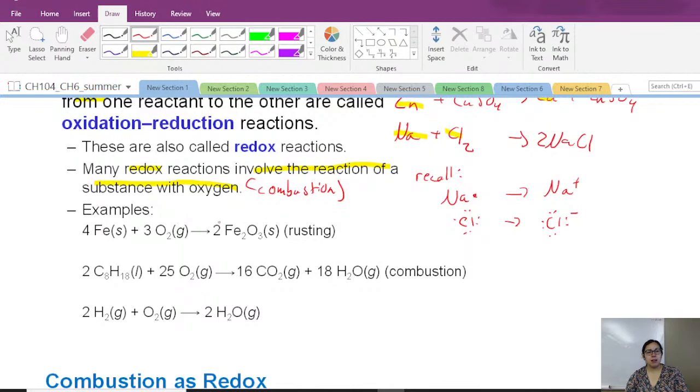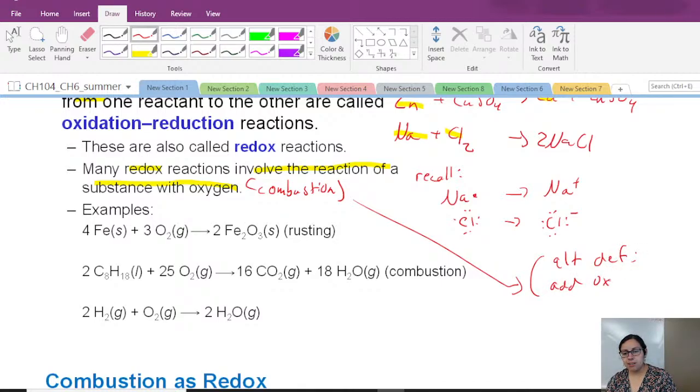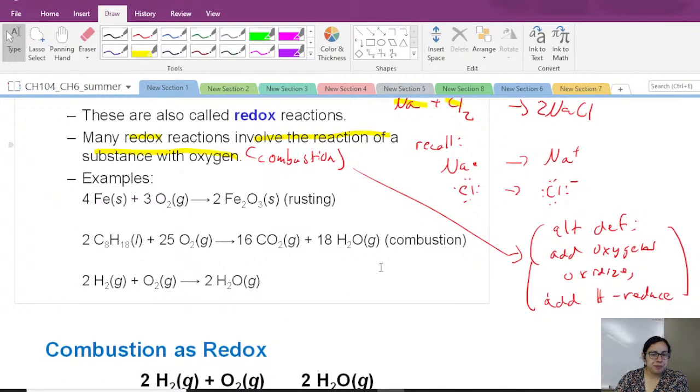Sometimes the alternate definition of oxidation reduction is: if you add oxygens, you oxidize, and if you add hydrogens, you reduce. We'll come back to this concept. This is really broad, just to sometimes clue you in, but it isn't the true definition.